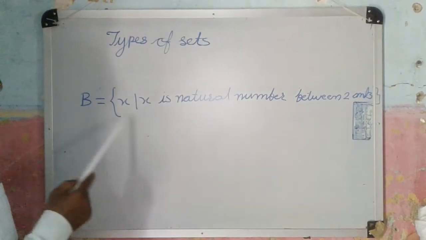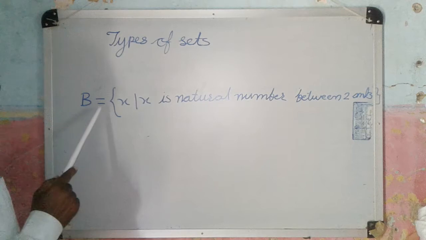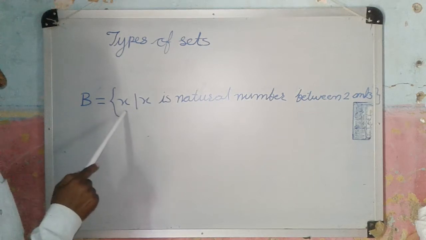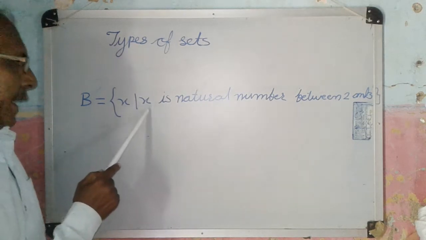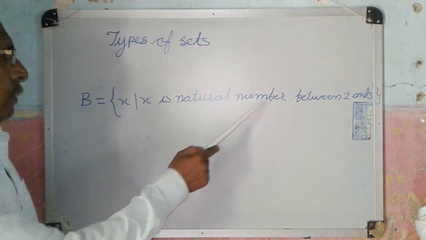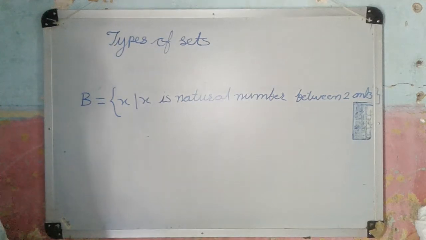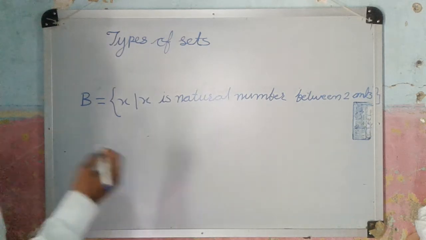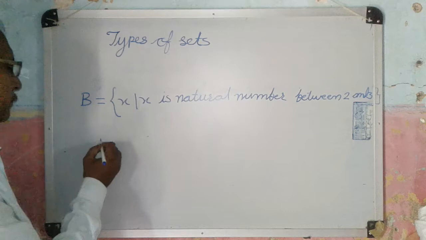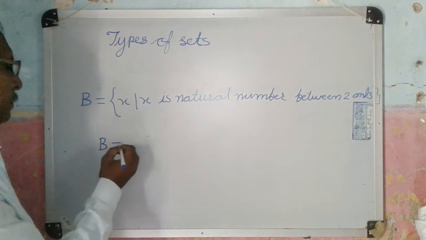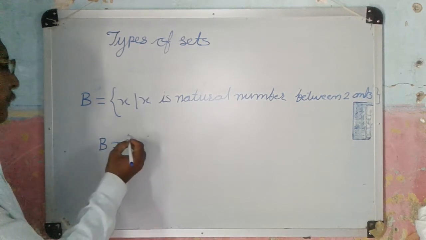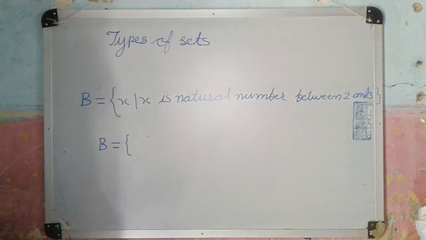Now, this is one more example. B is the set of all x such that x is a natural number between 2 and 3. Now, this set is written in rule method. We will try to write this set in listing method. The name of the set is B. So, how do we write natural numbers between 2 and 3?